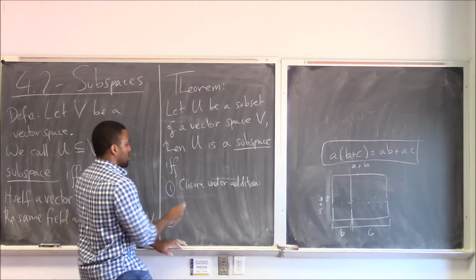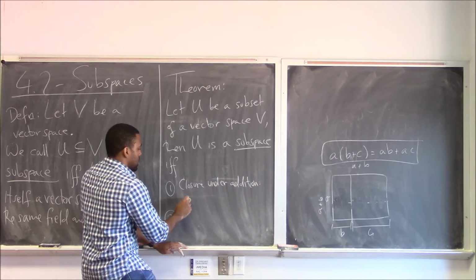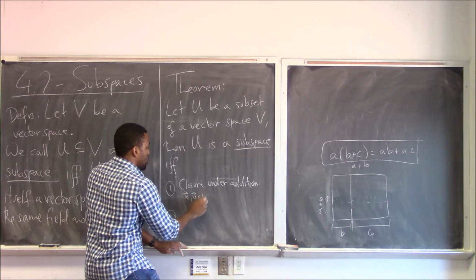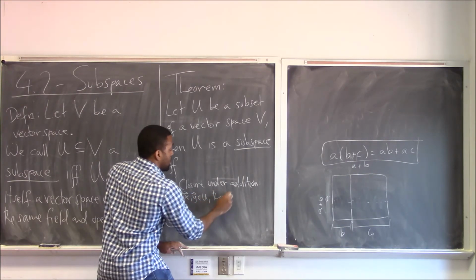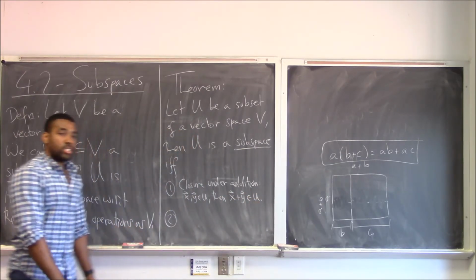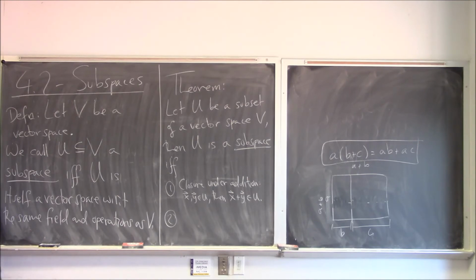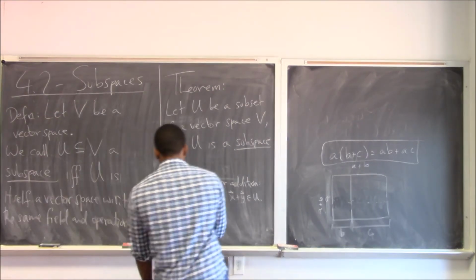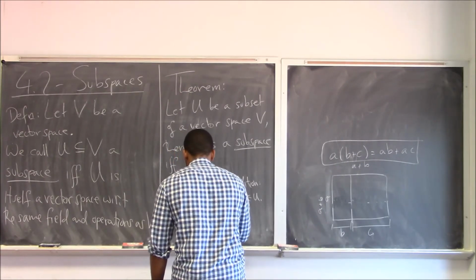That means if x and y are in U, then x plus y is in U. When I add two things in that subset, the result is also in that subset. The second thing is closure under scalar multiplication.